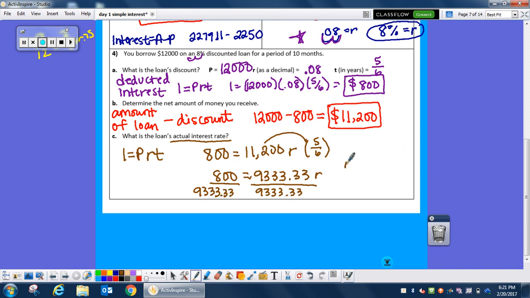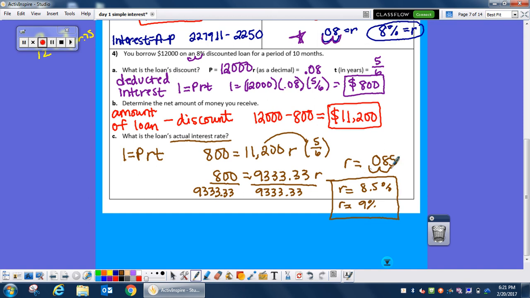So I got R equals 0.085. So you could go this way and say it's 8.5%, or I would also probably accept 9%, but typically you do have a 0.5%. So in real world examples, you'll see the 8.5. You won't have to round it.